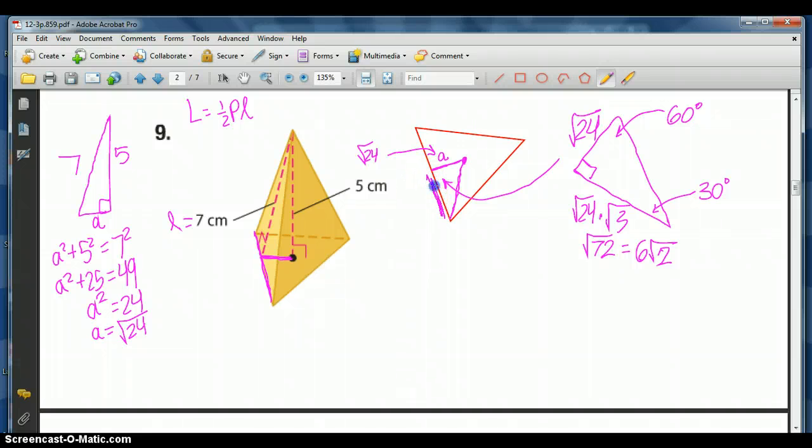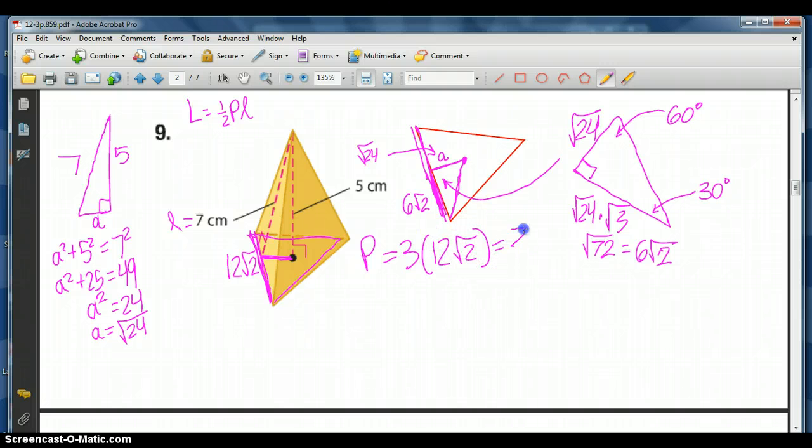So if this length is 6 square root of 2, then this entire length would be double that, or 12 square root of 2. So if I have 12 square root of 2 along one of my sides, my perimeter, well, I have 1, 2, 3 sides, or 3 times 12 square root of 2. So that would be 36 square root of 2. And then I can substitute that into my formula for lateral area.